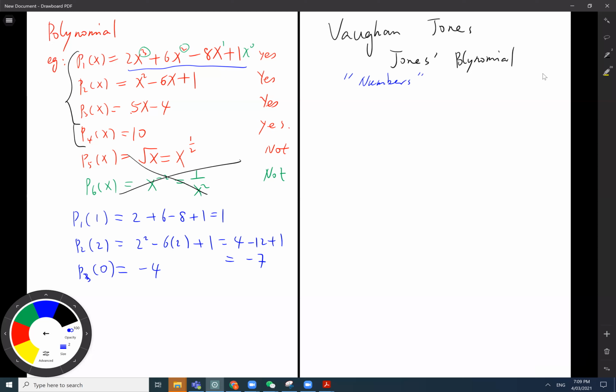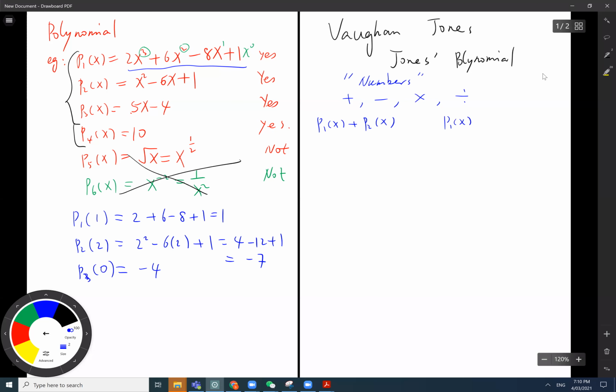For numbers, we have plus, minus, times, divide. For polynomials, we can do similar things. For example, P1 plus P2 is too easy. It's basic algebra. We don't do it.